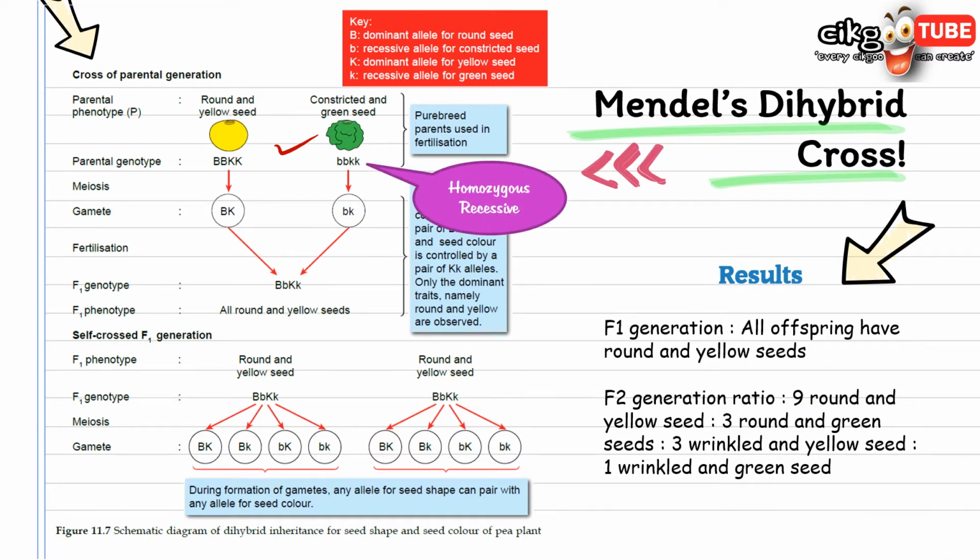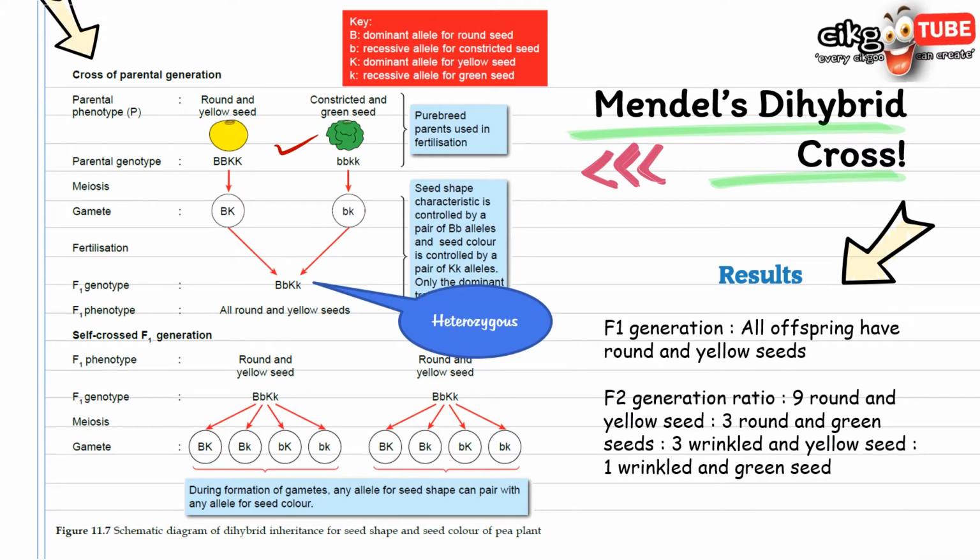From his experiment, Mendel obtained the following results. All offspring of the F1 generation, the first filial generation, have round and yellow seeds. So this is a heterozygous genotype, but all are round and yellow. That means the dominant traits are still intact.